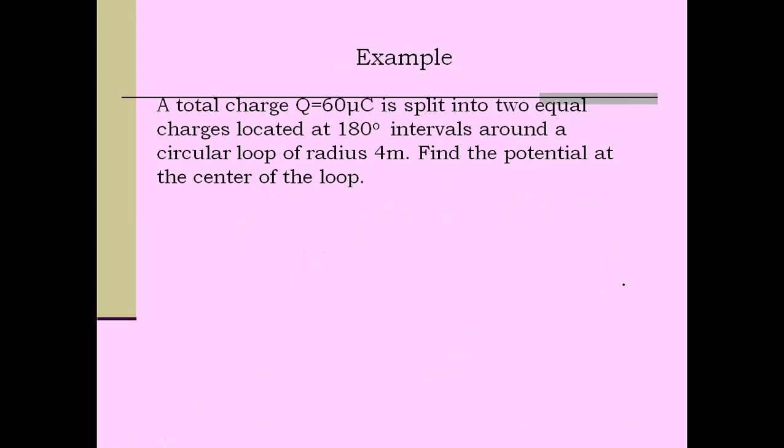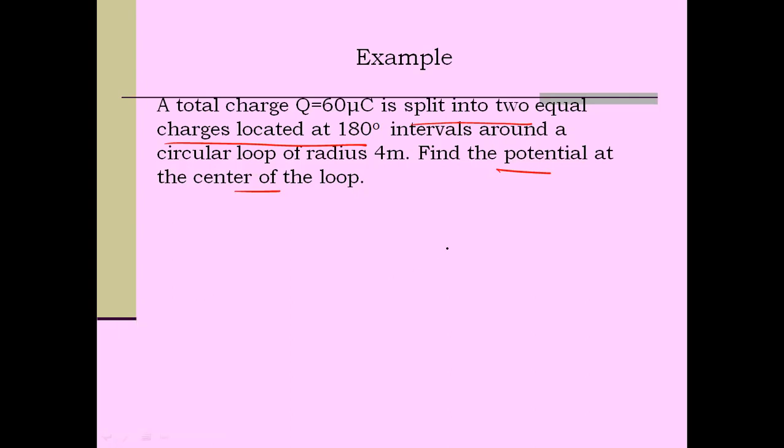Okay, so let's have a look at this example. We have a 60 microcoulomb point charge, which is split into 2 equal charges located at 180 degree intervals around a circular loop of radius 4 meters. Find the potential at the center of the loop.